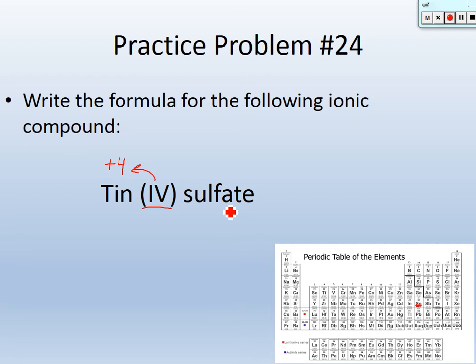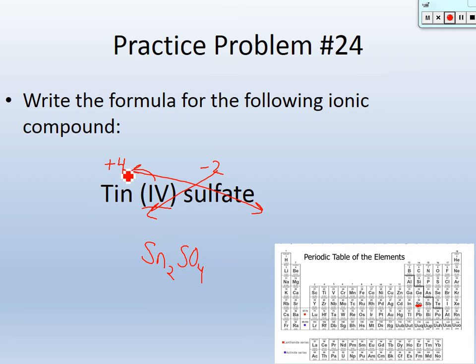Okay? So sulfate, if you look it up on your polyatomic ion chart, sulfate has a charge of -2. So if we do the crisscross method, tin is Sn, the 2 comes down here, and then sulfate, if you look on your polyatomic ion chart, is SO4.